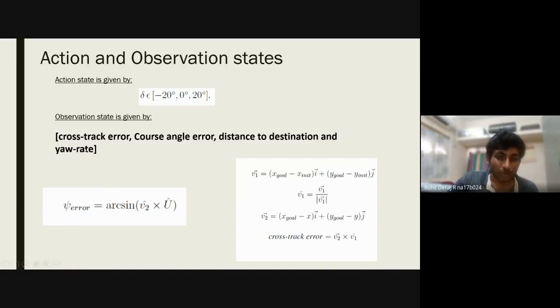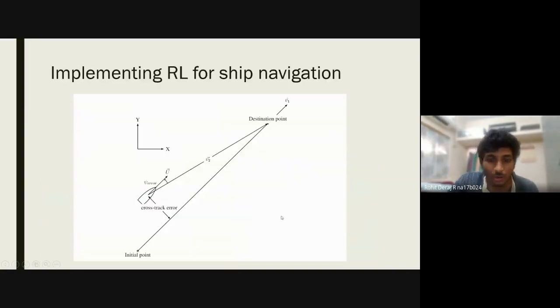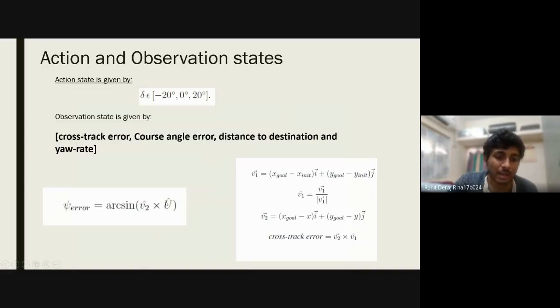And this is how I'm calculating the cross-track error that I just showed you. The cross-track error will be just a cross product of vector 2 and vector 1. And the course angle error is just the angle between V2 and the ship's heading.